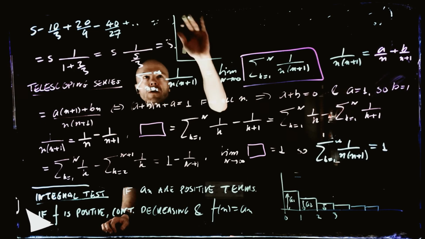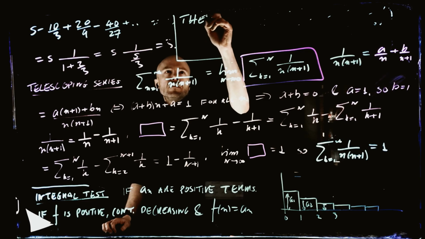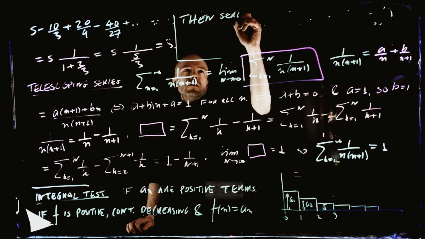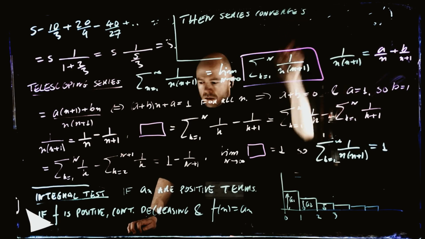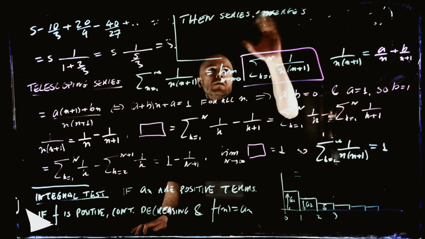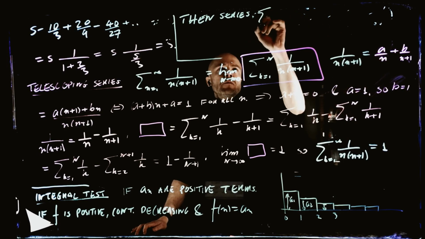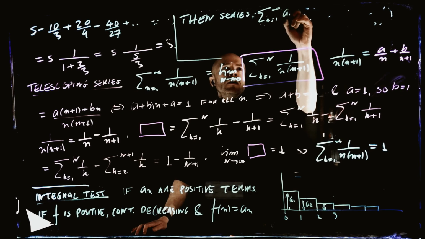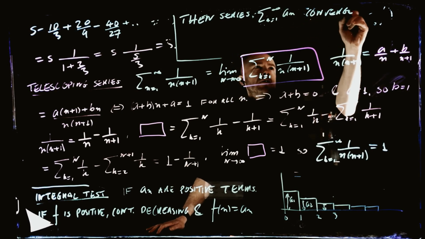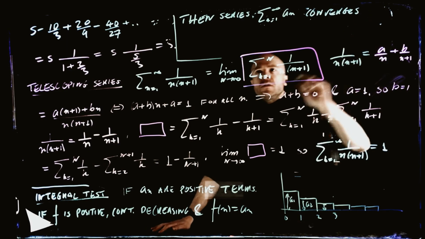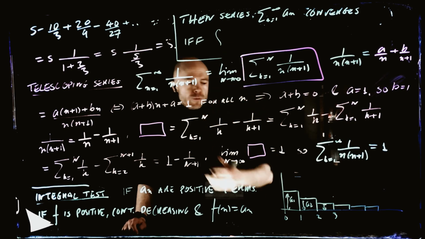So it goes up here to here. So then the series converges. I should perhaps say explicitly what the series is. The series, given by the sum from n equals 1 to infinity, an converges if and only if the integral, and we can start from any number.